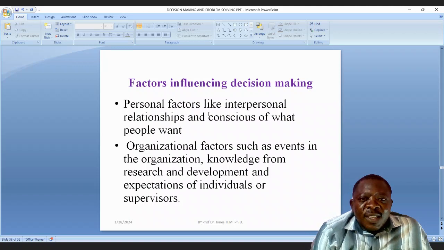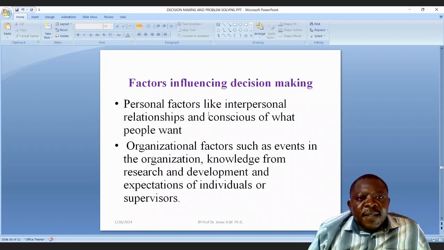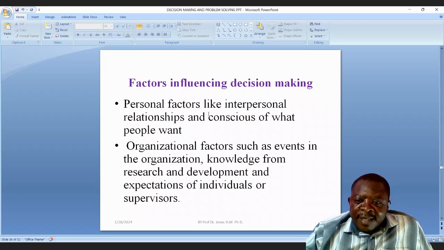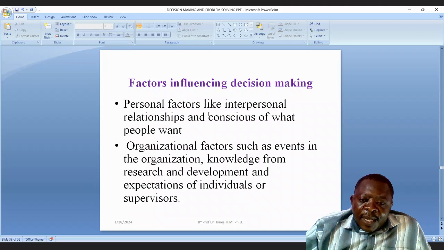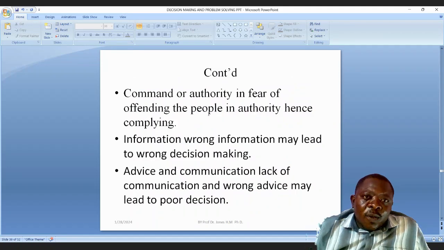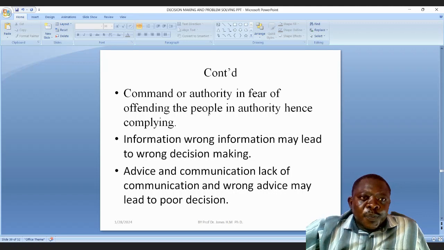Then organizational factors such as events in the organization, knowledge from research and development, and also expectations of individuals or supervisors. Okay, so that is the second factor that may influence decision making. Then command authority, in fear of offending the people in authority, hence individuals will now comply.